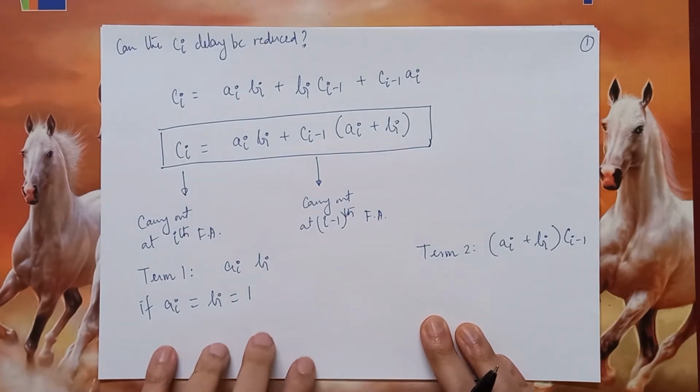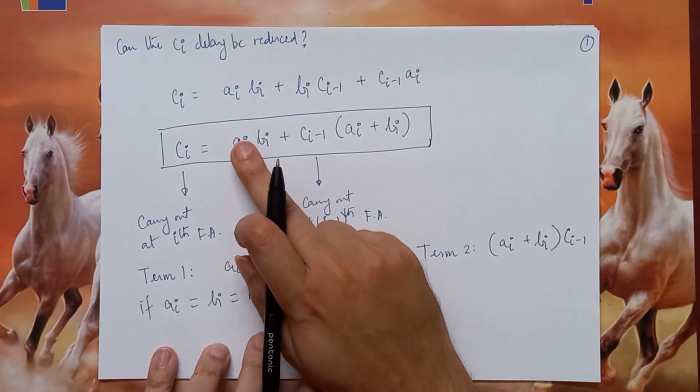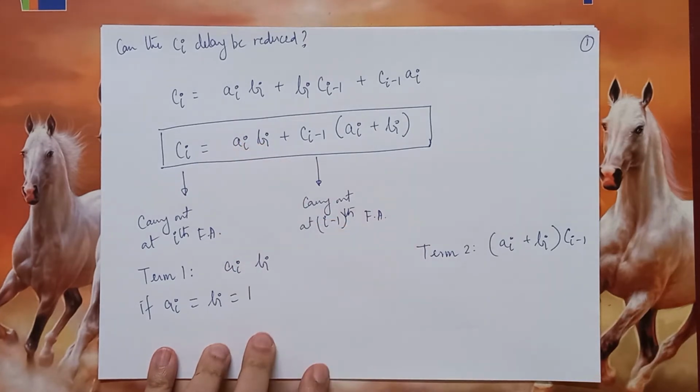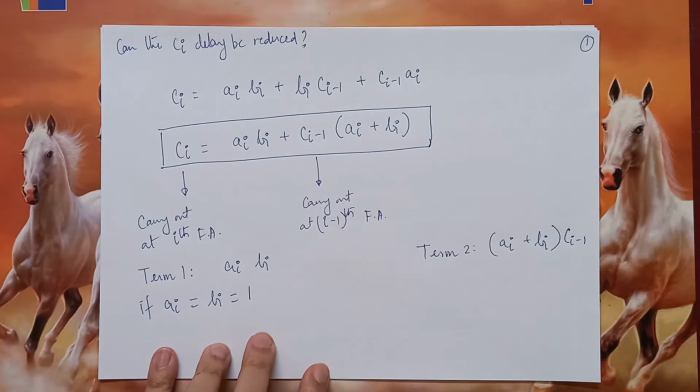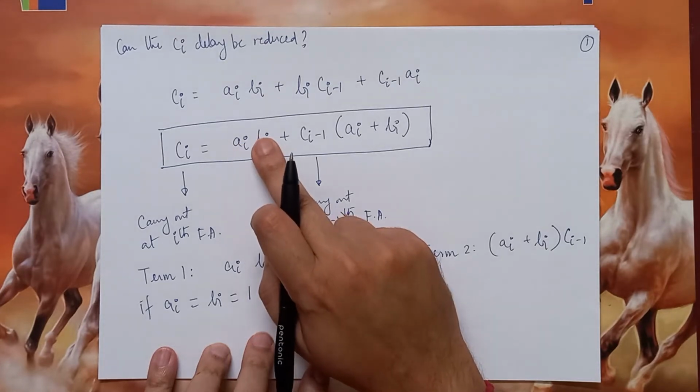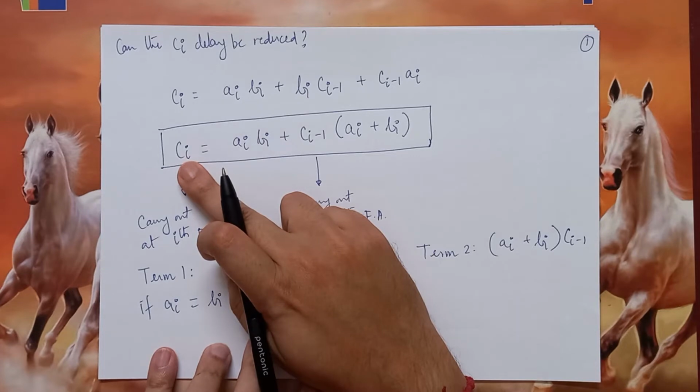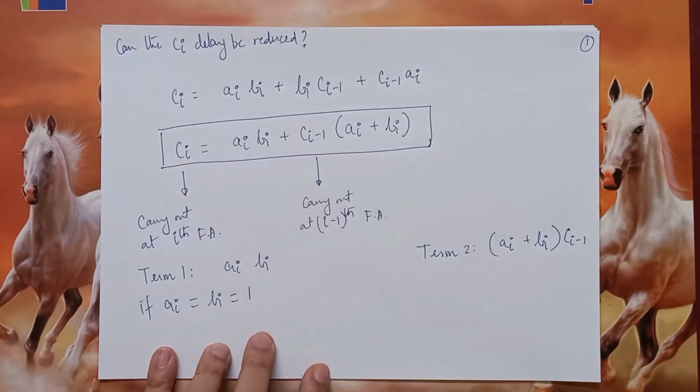So if ai and bi are both 1, Ci will always be 1, no matter what Ci minus 1 is.